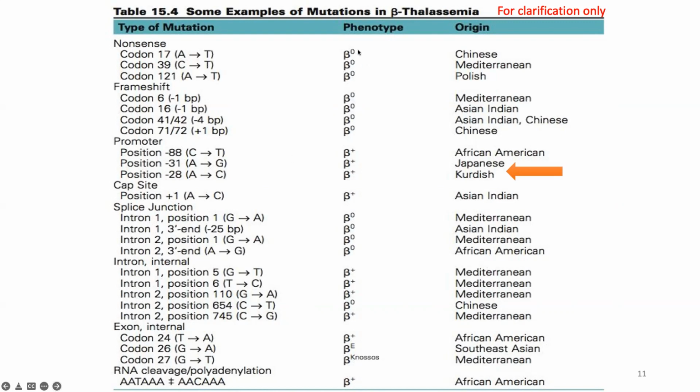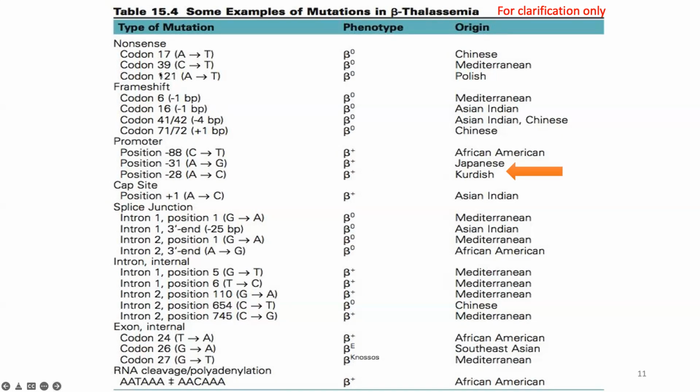And again, the consequences, or the phenotype of the mutation, would be different. Beta 0 means the protein is non-functional. Beta plus means it's partially functional. And beta itself means there is no mutation, it's totally functional.